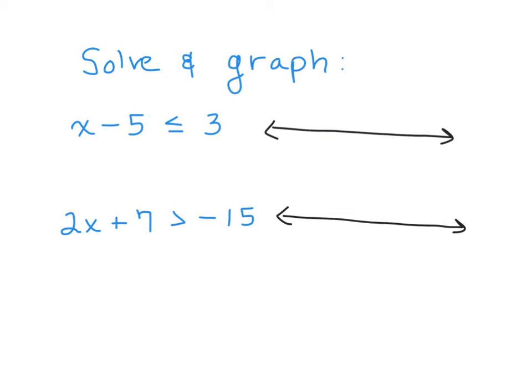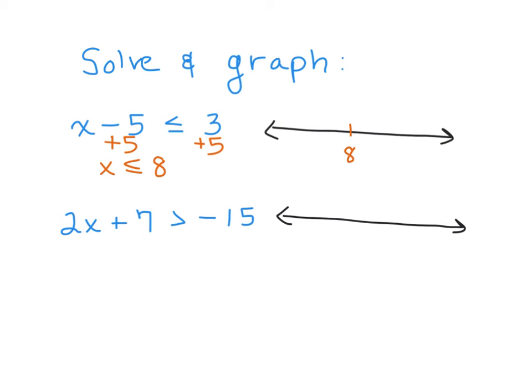We're going to start with just very simple ones here, something like solve and graph. So with these inequalities we have the same properties of inequalities that we have as properties of equality. If I wanted to solve and graph x minus 5 is less than or equal to 3, I would add 5 to both sides of the inequality. And I would get x is less than or equal to 8.